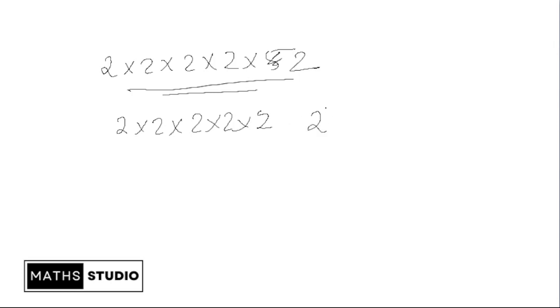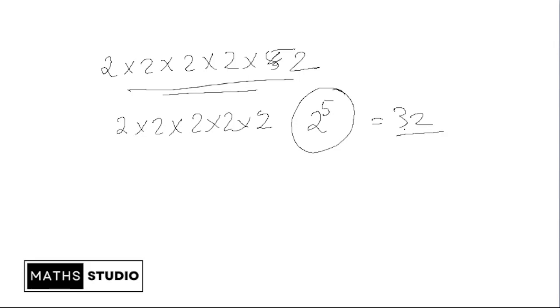And the number of times it is repeated, how many times was it repeated here? 5 times. So we'll write 5 on the top. This means 2 is repeated 5 times in multiplication, that is 2 into 2 into 2 into 2 into 2, that is equal to 2, 4, 8, 16, 32.